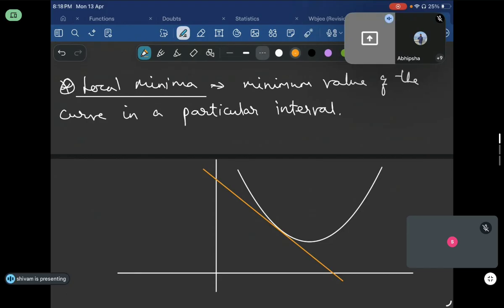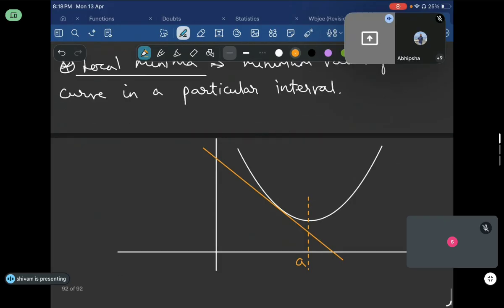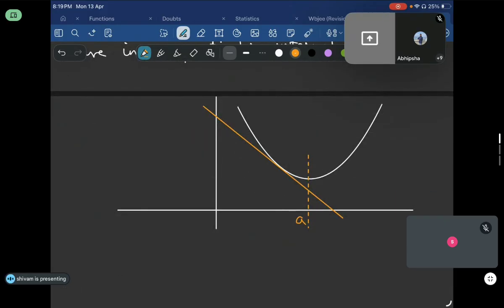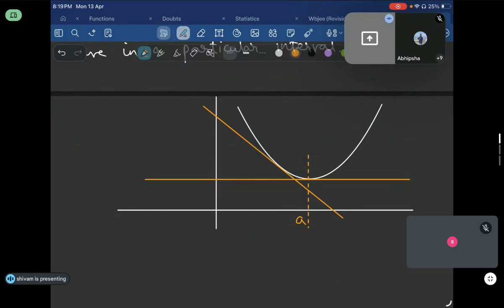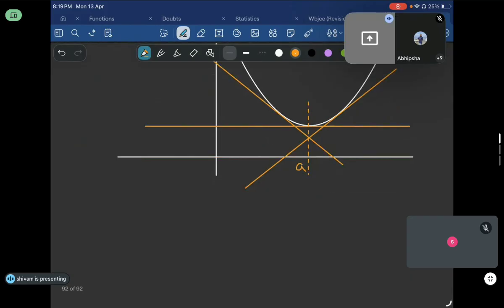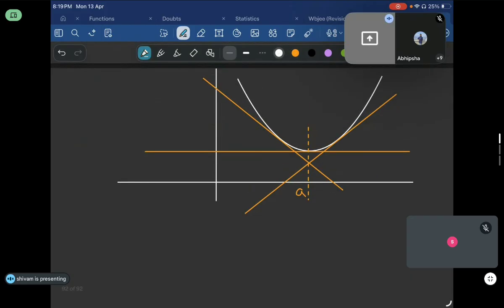See, this is where the local minima exists, at x equal to a. And see, all the tangents before a are making obtuse angle with the x-axis. That means tan theta is less than 0. And all the tangents after x equal to a are making acute angle. You see, this is theta, this is alpha.